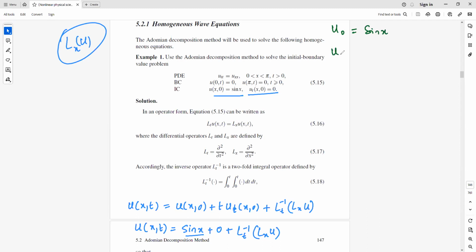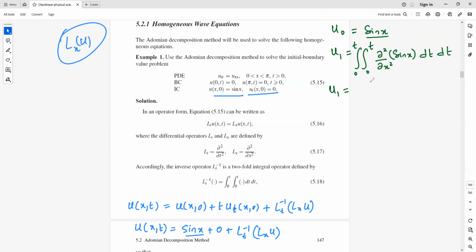Now if we need to find u1, the inverse operator is applied outside, which means we have to integrate over the domain of t, and LX u implies we need to differentiate this function with respect to x twice, right? Like this, dt.